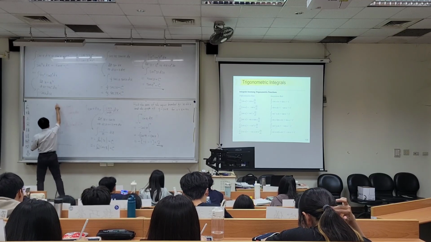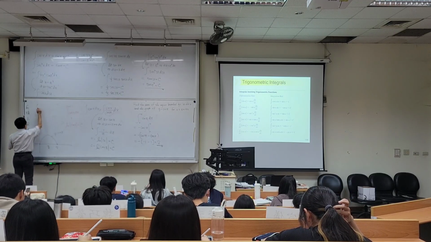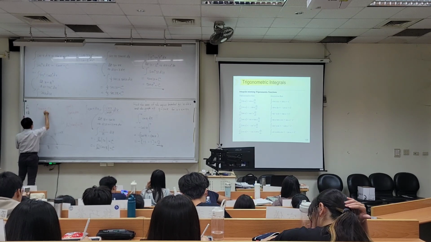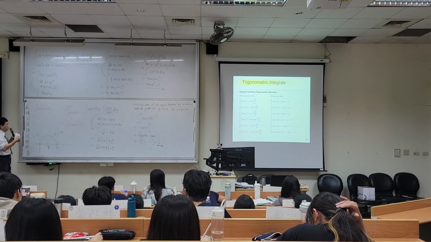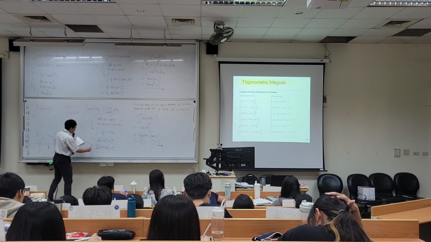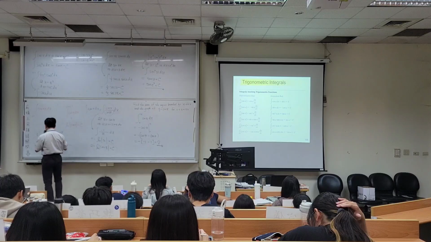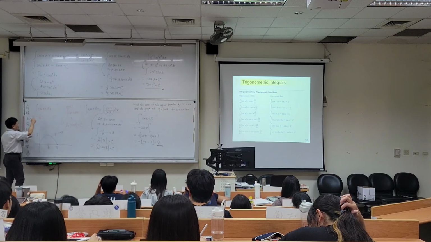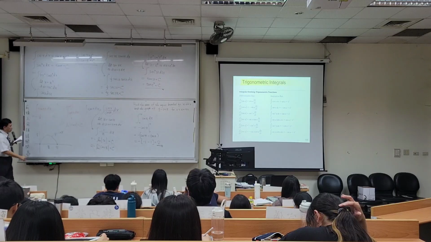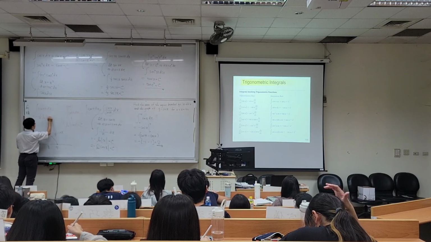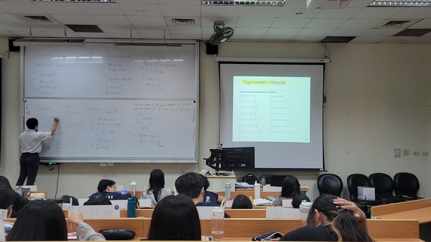This page will be the integration of tangent 4x dx. And the answer is very similar to this one, but I need to multiply by 1/4, so it is negative 1/4 natural log of cosine 4x plus c.